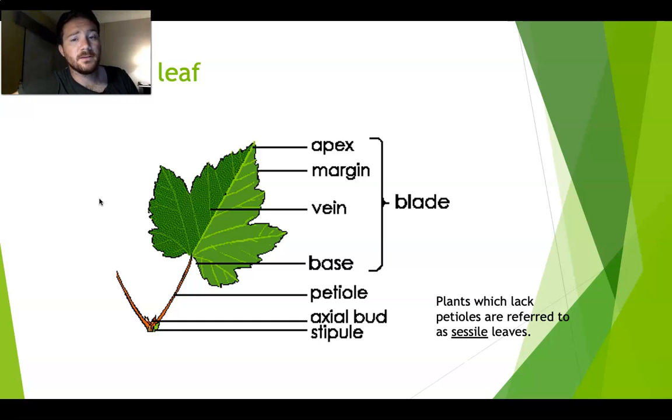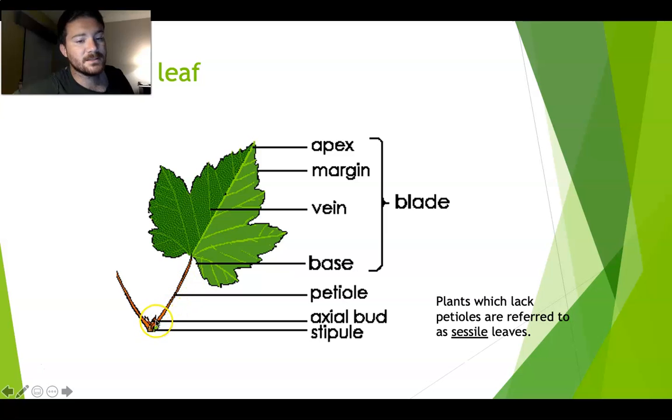And these parts of the leaf, you have the apex, the very top portion of the leaf, the margin, the very outside portion of the leaf, the veins, which allow the glucose made from photosynthesis to travel through to the petiole, which I'm going to talk about in a minute, to twig, to the tree itself. The base is the bottom part.